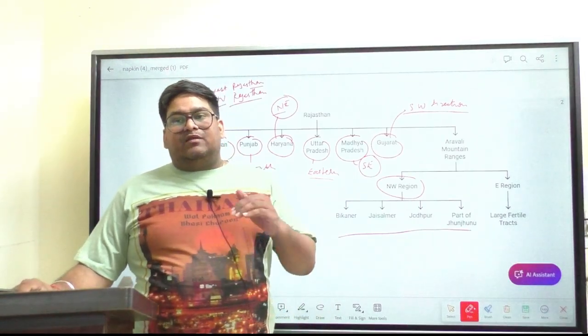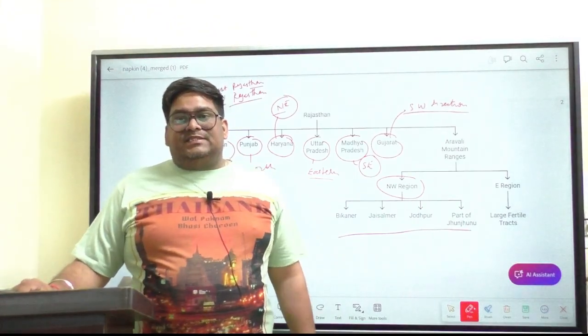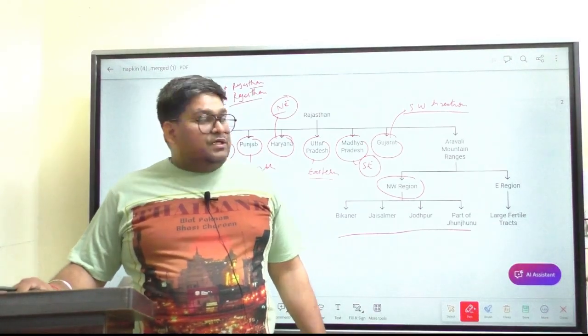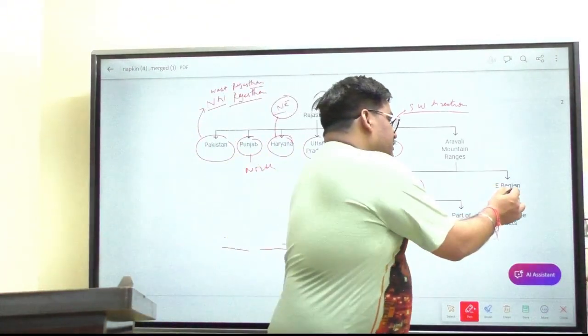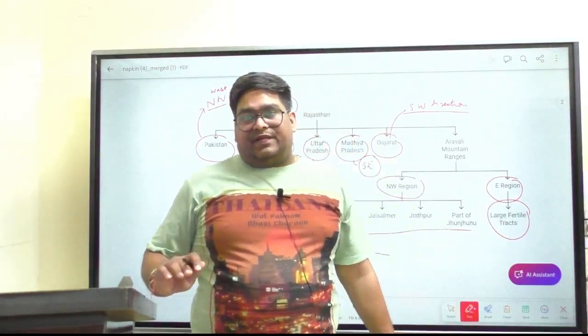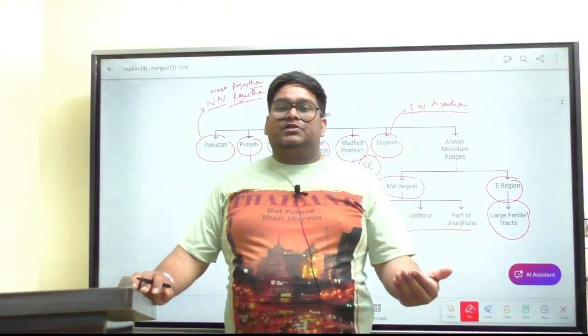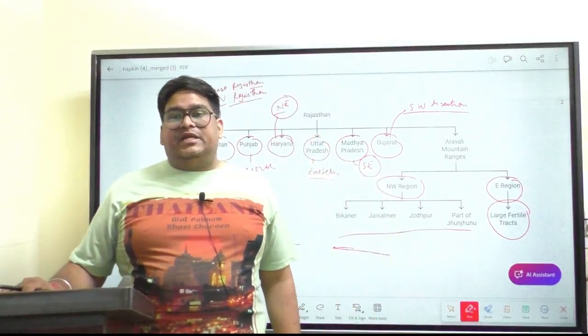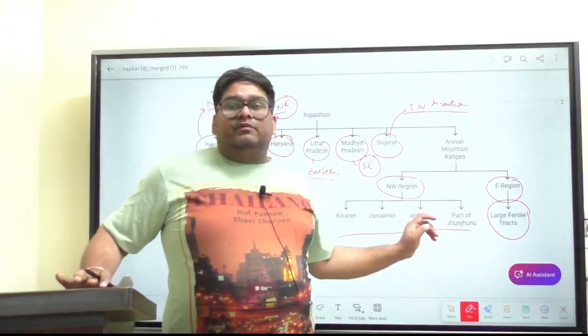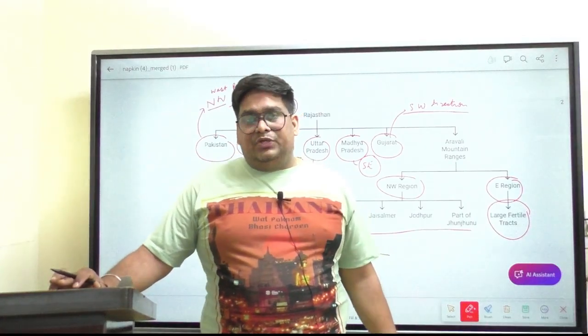The eastern region consists of a large fertile tract, with comparatively higher fertility. Otherwise, in the other region, you will find sand dunes.